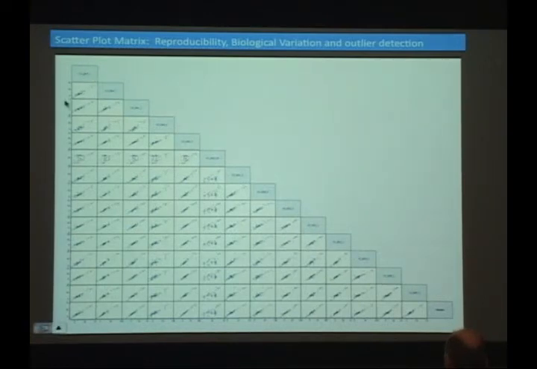You're trying to correlate the MFI values of all cytokines. So here the y-axis is sample 2, for example, and the x-axis is sample 1. And the MFI values are being plotted.